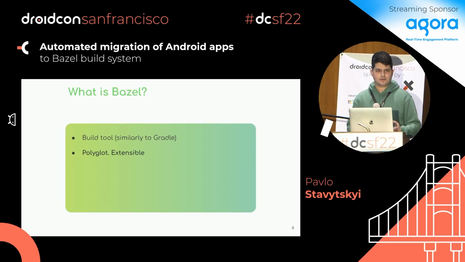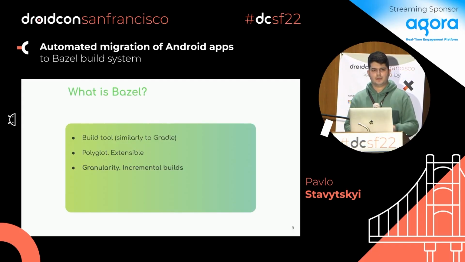One of the cool features about Bazel is that it is actually a polyglot build system, meaning that it can build many programming languages and support many platforms, such as Android, iOS, and languages like C++, Python, and many others. Moreover, it's relatively easy to extend Bazel to support even more platforms and languages. So it's pretty useful to have it as a primary build system in the organization for many purposes.